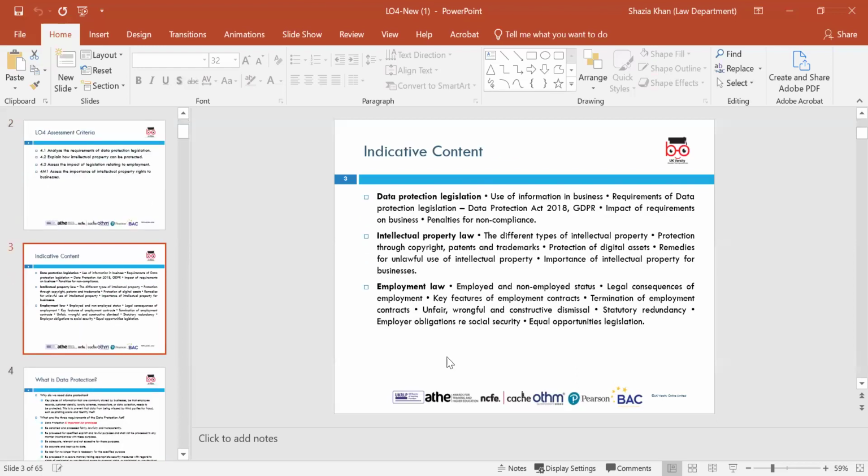The indicative content for Learning Outcome 4 is the data protection legislation, so use of information in business, requirements of data protection legislation, Data Protection Act 2018, GDPR, impact of requirements on business, penalties for non-compliance.